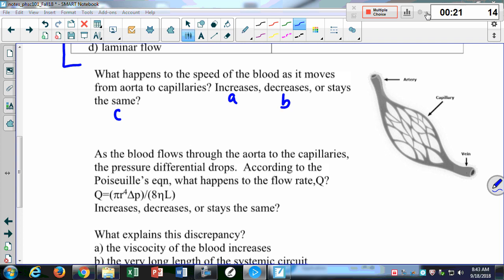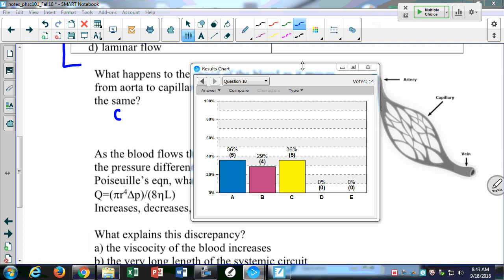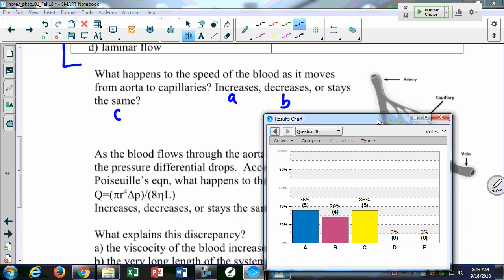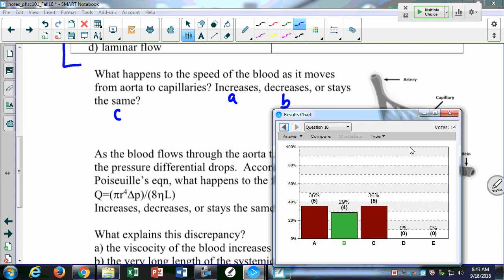All right, let's stop at 25. Oh boy, we're all split up on this. It's going to be decreases.